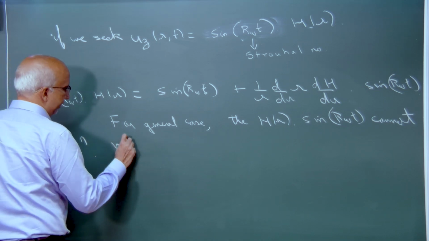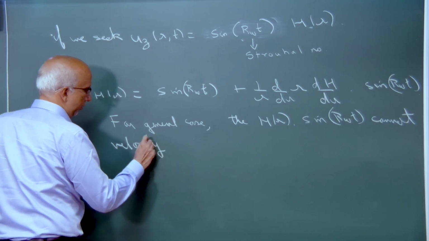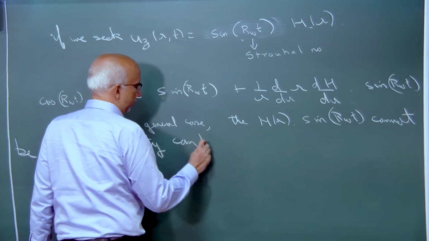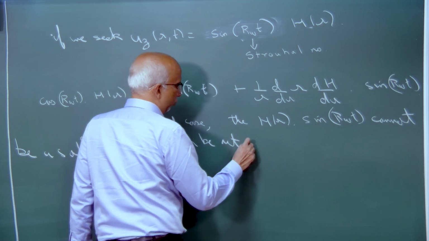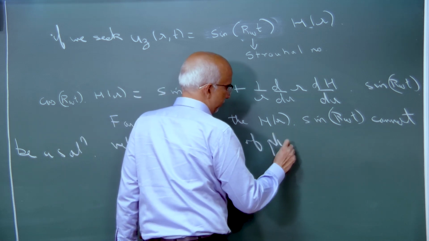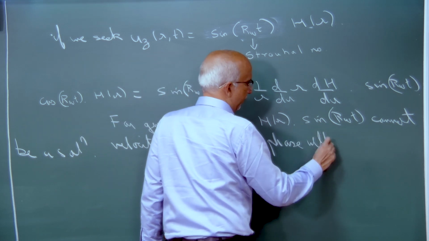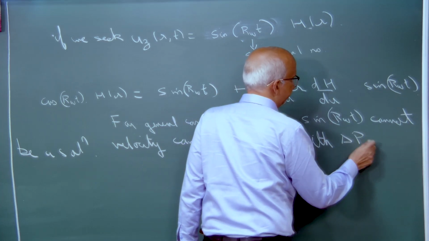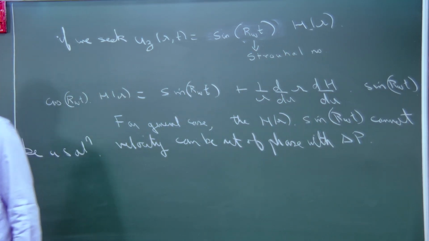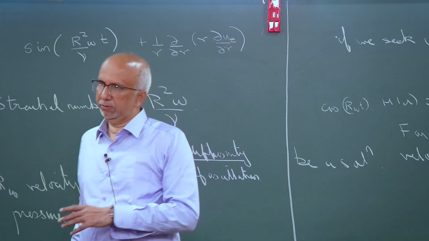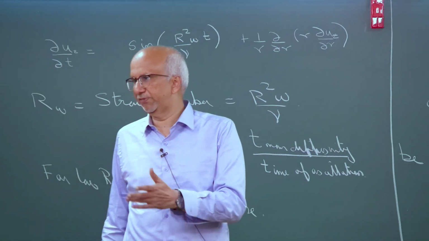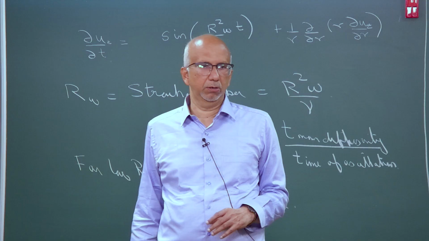Means velocity can be out of phase with delta p, okay. Delta p may be moving, but velocity will have its own phase difference, okay. So, that is what it means.